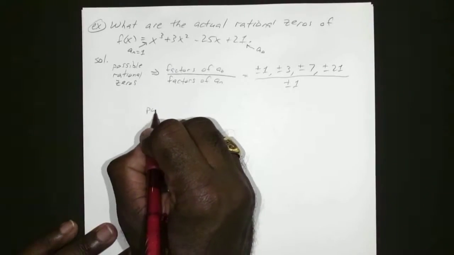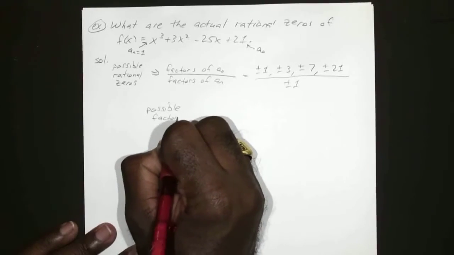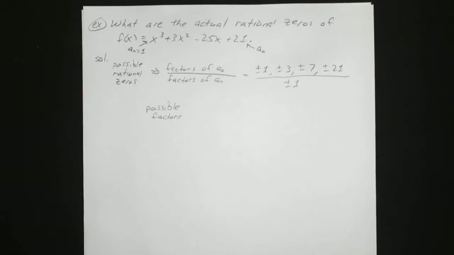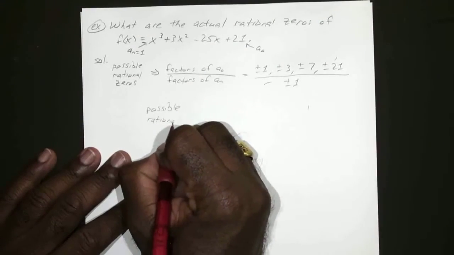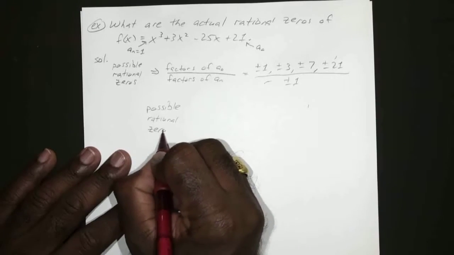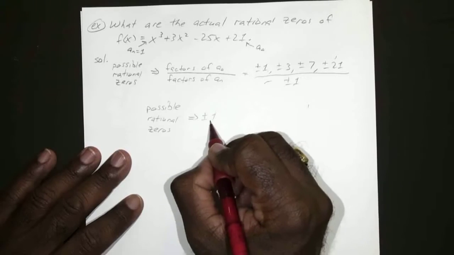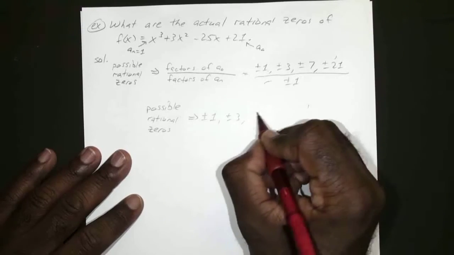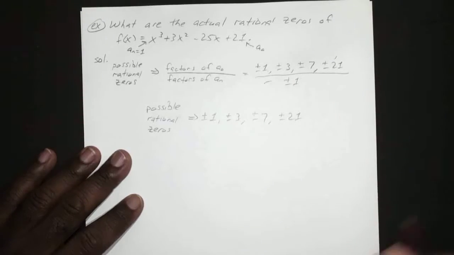So your possible zeros, I don't know why I said factors, possible rational zeros is plus or minus 1, plus or minus 3, plus or minus 7, plus or minus 21.